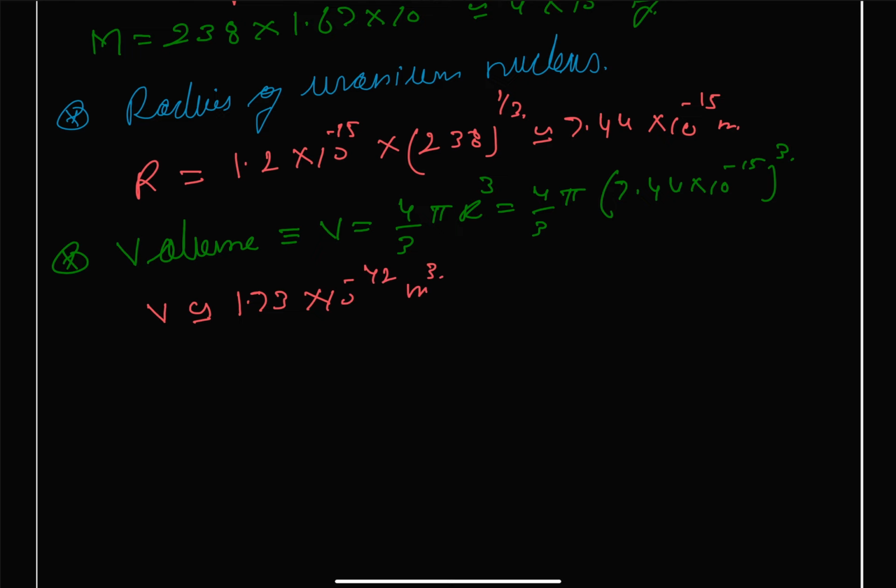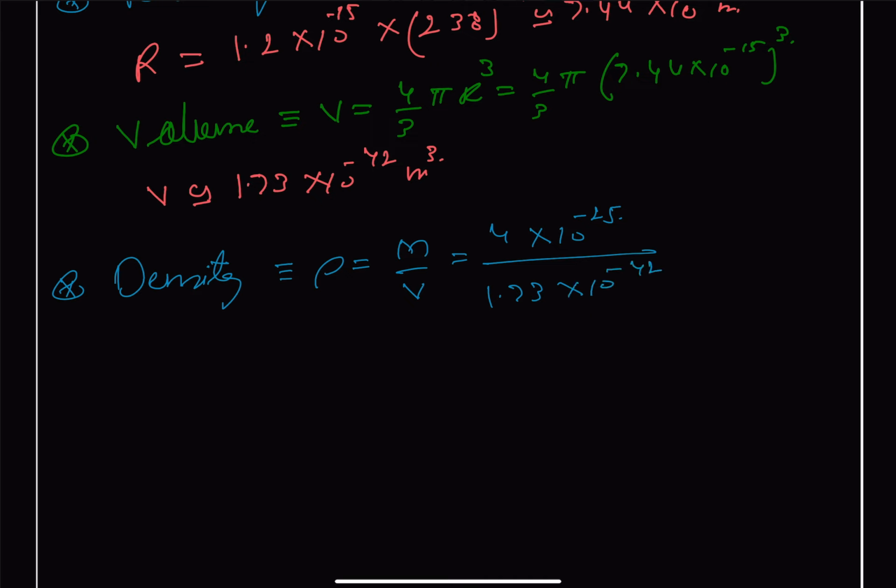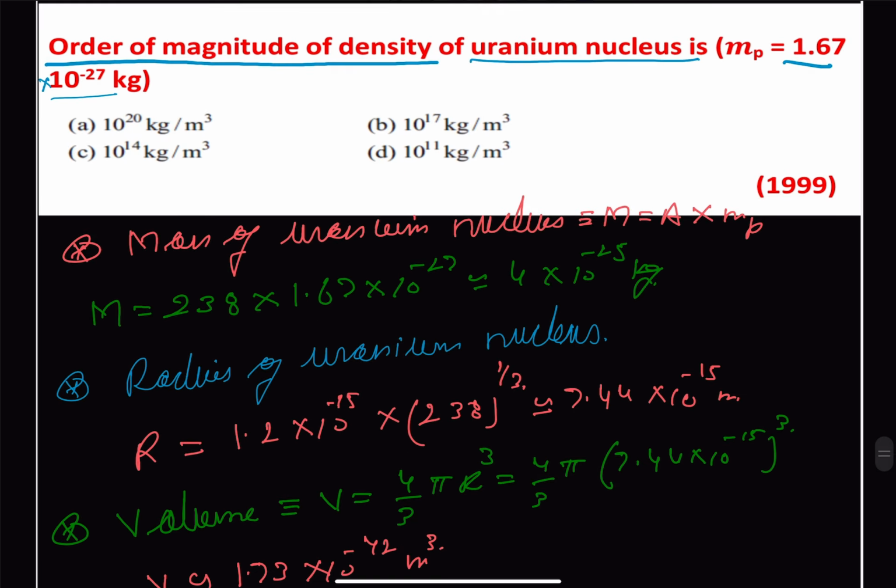Now we come to finally the density. Density rho will be equal to mass over volume, and mass we found out is 4 into 10 to the power minus 25, and volume is 1.73 into 10 to the power minus 42. This comes as approximately equal to 2.3 into 10 to the power 17. So the order asked is 10 to the power 17. So option B is correct.